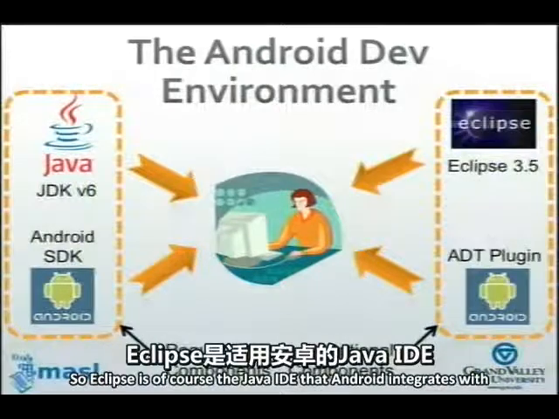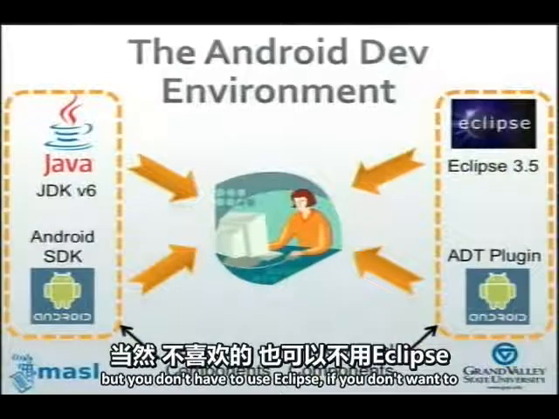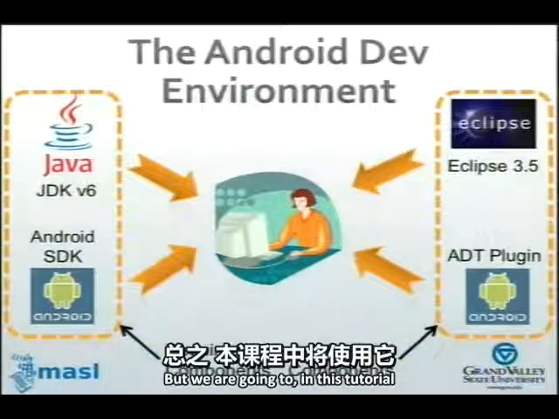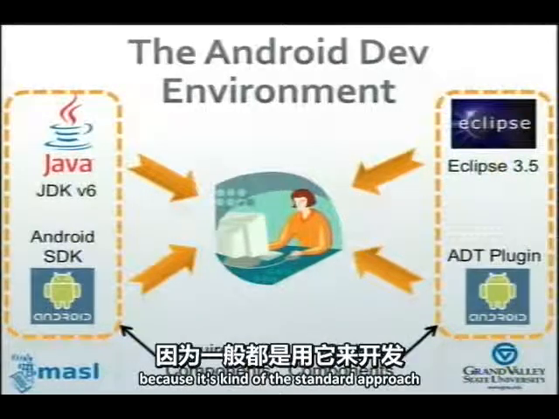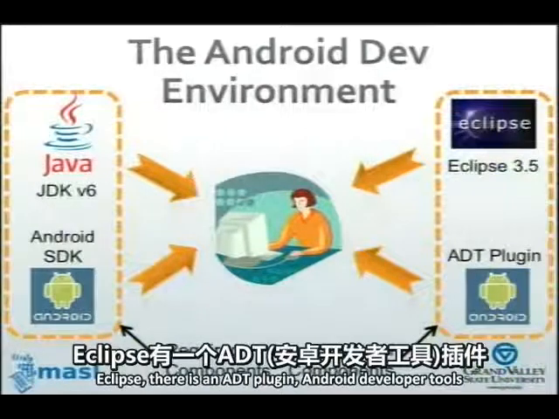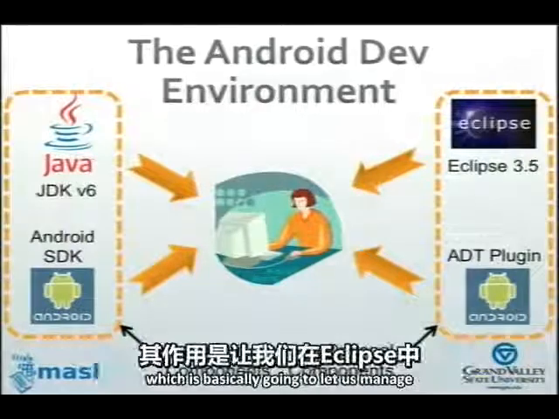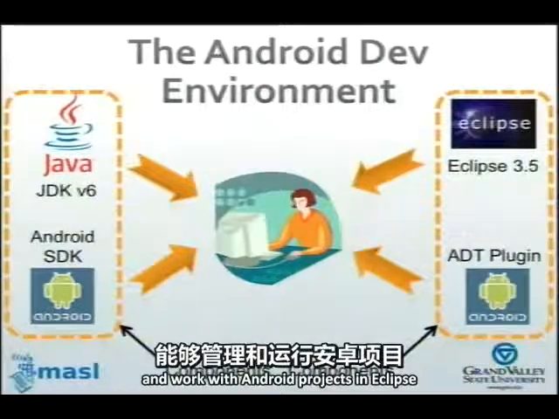So Eclipse is, of course, the Java IDE that Android integrates with, but you don't have to use Eclipse if you don't want to. But we are going to in this tutorial because that's kind of the standard approach. So Eclipse, there's an ADT plugin, Android Developer Tools, which is basically going to let us manage and work with Android projects in Eclipse.